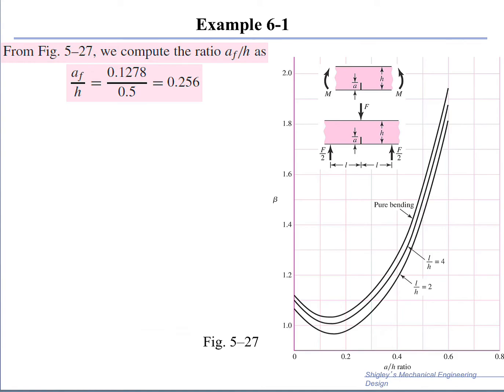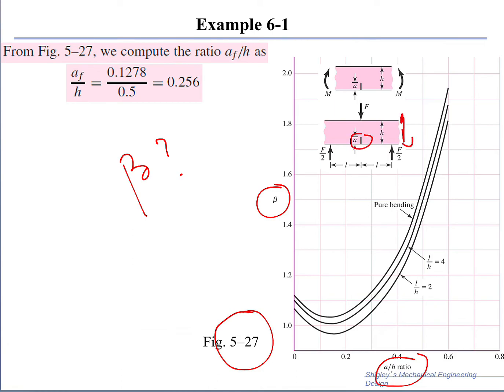Before I go too far, I wanted to make sure that I have the right ballpark figure for beta. Beta is the shape factor, so I go to figure 5-27 in Shigley, which gives beta as a function of the a over h ratio. A is the crack length and h is the depth of the beam. For the final, a over h is 0.25.